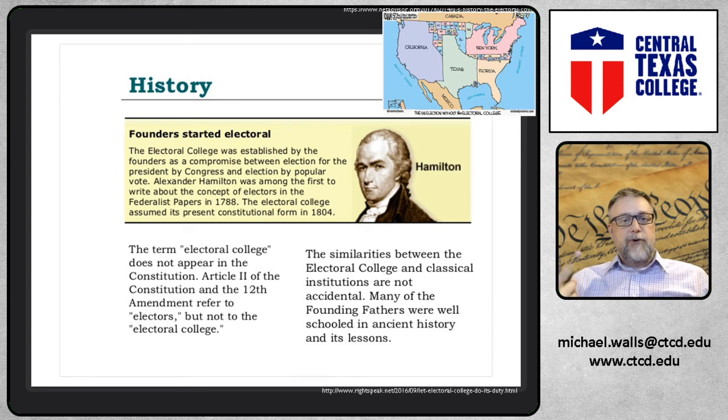So you go 2 plus however many representatives they have. So if you've got 8 representatives, you have 2 senators, then your state's going to get 10 electors to choose the president. And then those electors will just write 2 names on a piece of paper, and whoever ends up with the most votes will be the president, and whoever ends up with the second most votes will be the vice president.